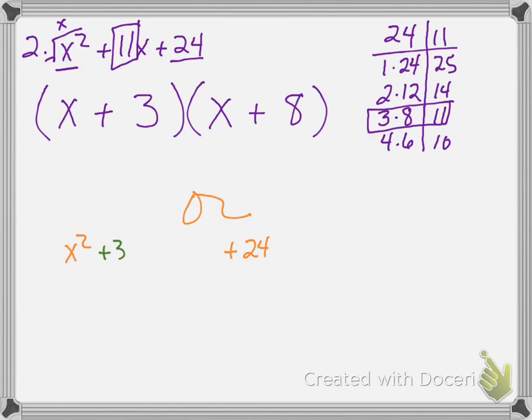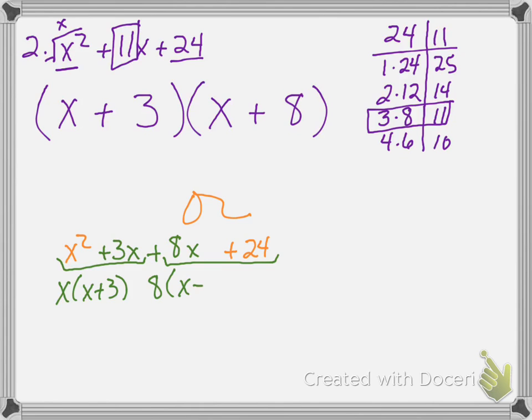Or you can do the AC method with the substituting, making a 4-term polynomial grouping, and then factoring out your greatest common factors. And you'll see that either way you end up with the same answer.